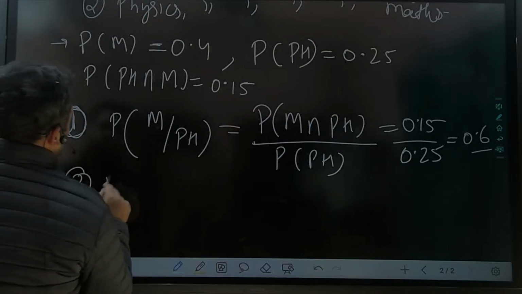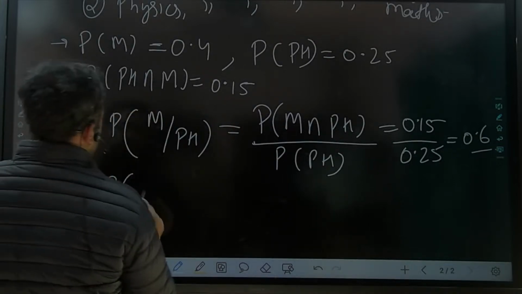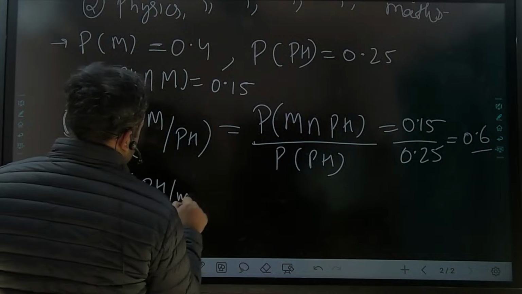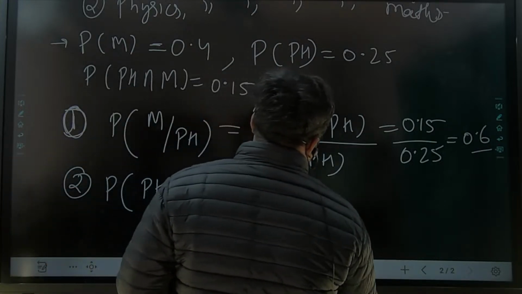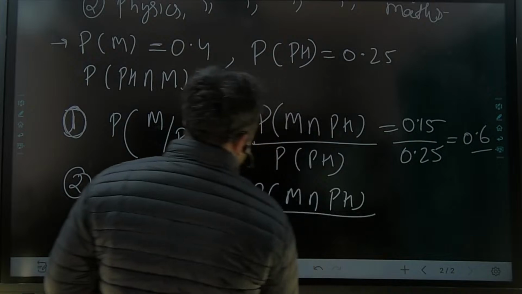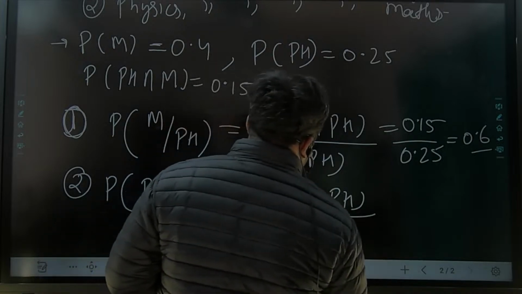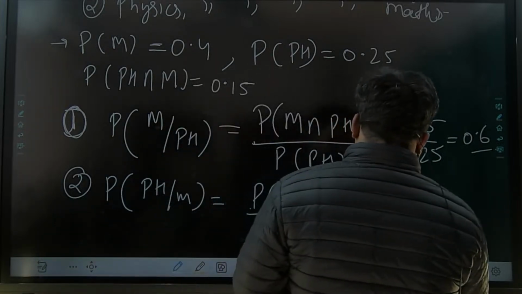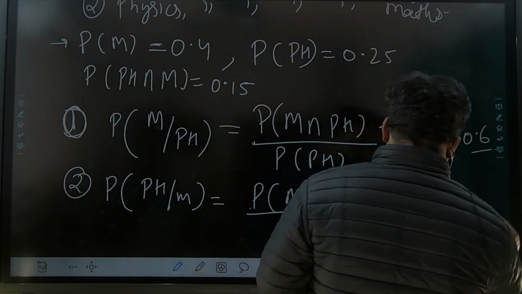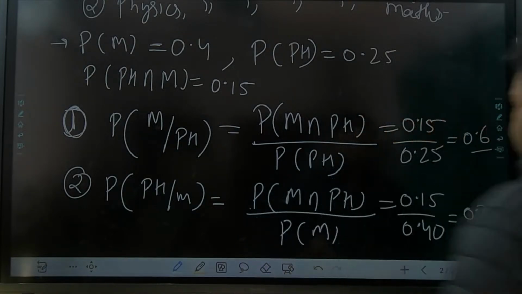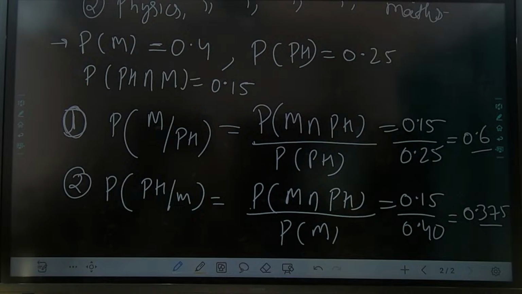Second, we have to calculate the probability of studying physics given they study maths as well. The numerator is the same, maths intersection physics, but the denominator will be probability of maths. So this is 0.15 divided by 0.40, which is 0.375. So we just have to apply the formula.